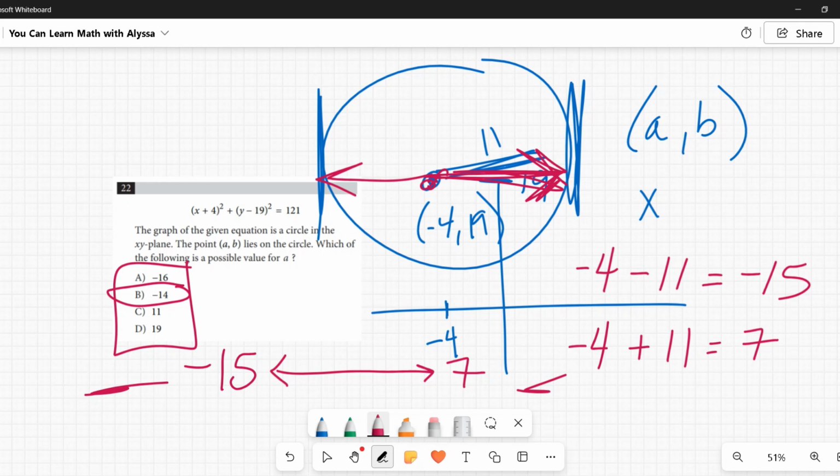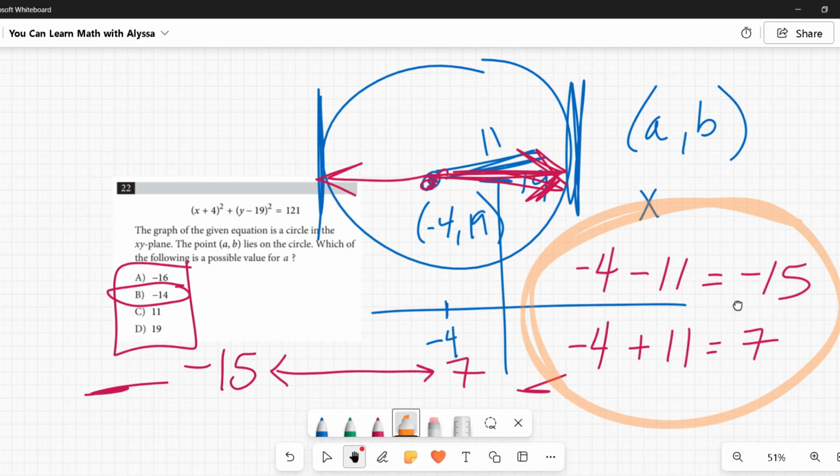If you know the standard formula of a circle pretty well, you can think, oh, 11 either way, minus 11, plus 11. You don't necessarily need Desmos, but you do you. We want you to feel comfortable, and the most important thing is getting the answer right. In this case, the right answer is B, negative 14.